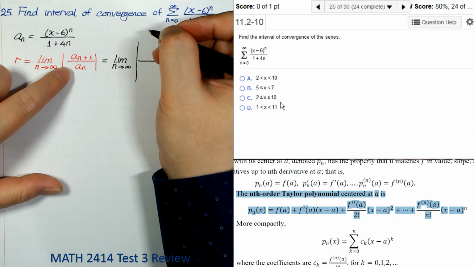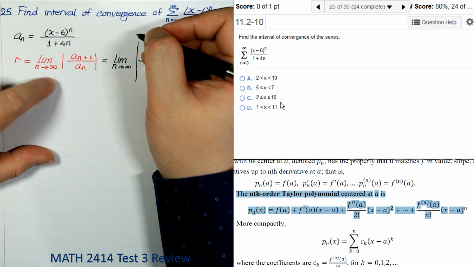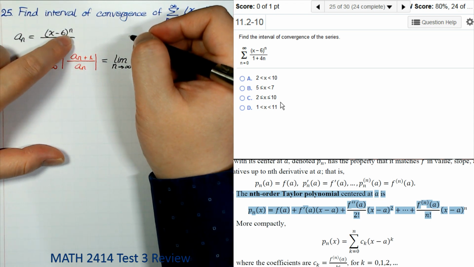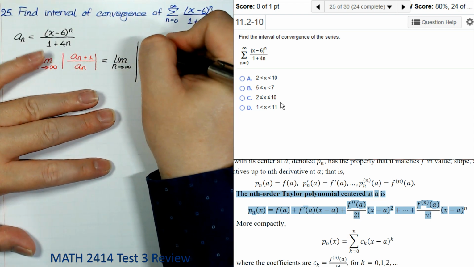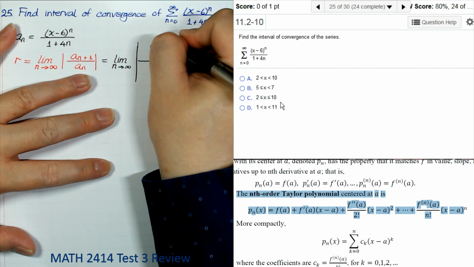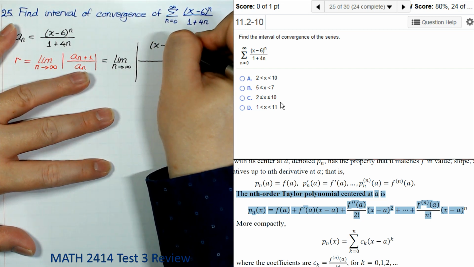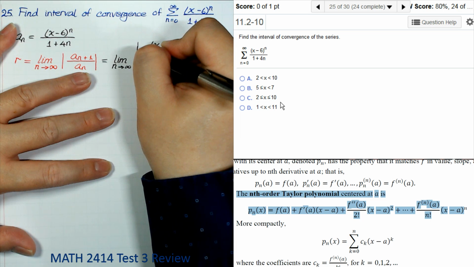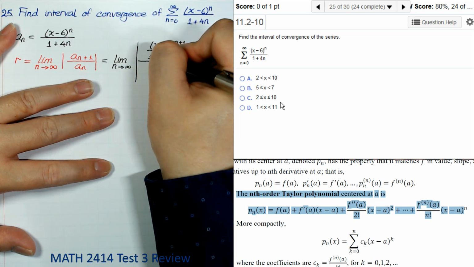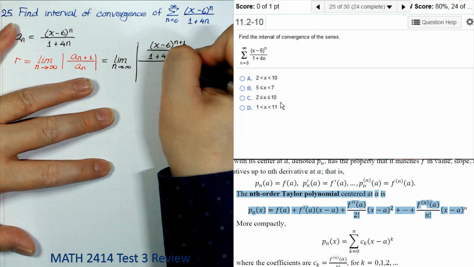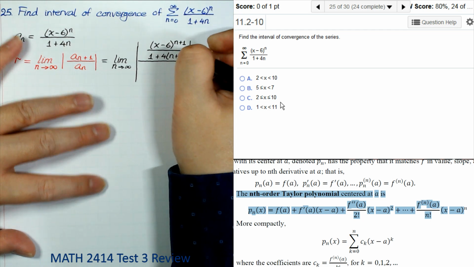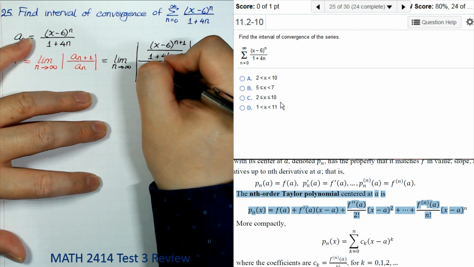Right, so I'm going to put n plus 1 in here instead of n. So I have (x minus 6) to the n plus 1 over 1 plus 4(n plus 1). And then the bottom is just the same thing.